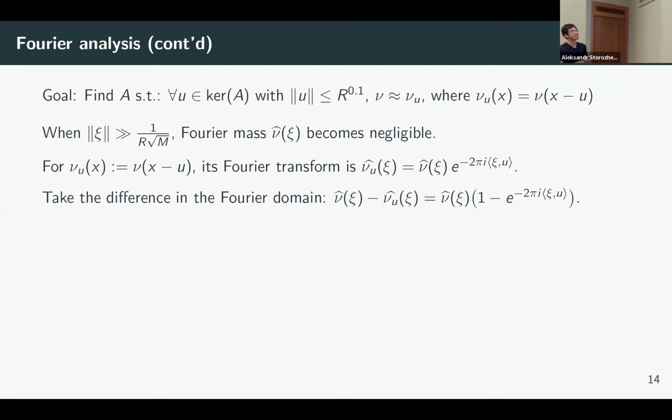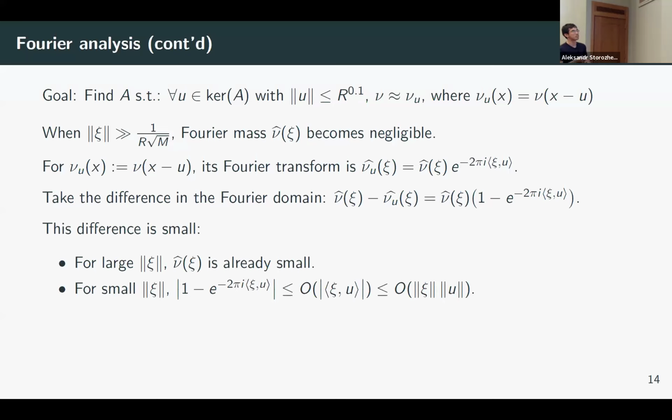Why? Because if psi is large, then the first term is already small. If psi is small, then this inner product here is small, so the second term is actually close to 0 as well. So for large psi, the first term is small. For small psi, the second term can be bounded by basically this inner product here, which is the product of norms.